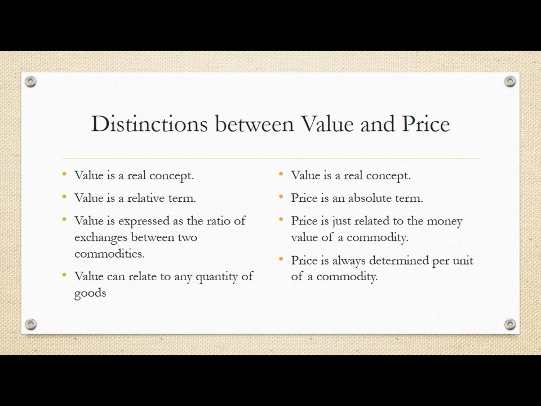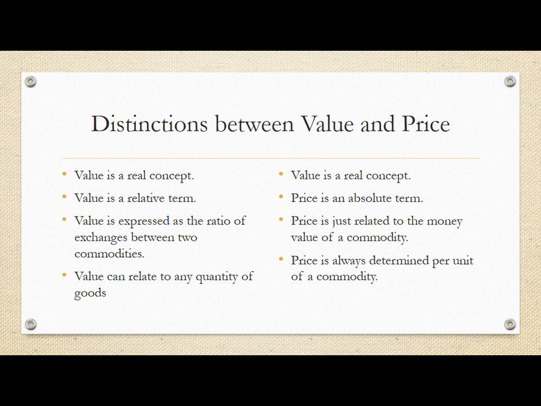On the other hand, prices of all goods can rise or fall together. It is possible that the prices of pens, pencils, apples, bananas, oranges, and thousands of other commodities may increase or decrease at a given time.